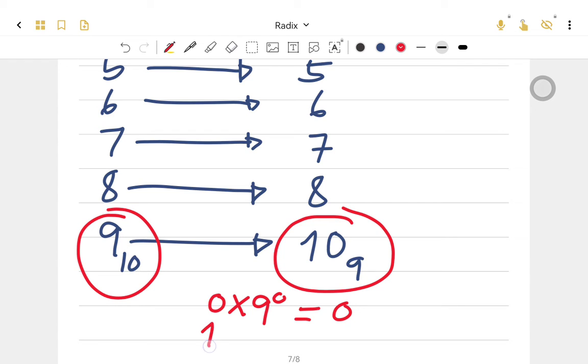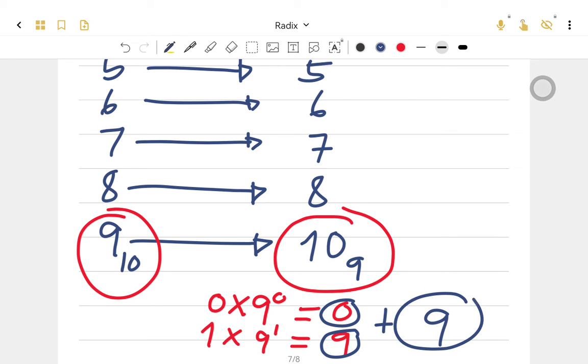And then 1 times 9 to the power of 1, that is 9. And then we are going to add 0 plus 9. That will give you 9. Therefore, the digits 1, 0 with the base 9 is equivalent to 9 in the decimal number.